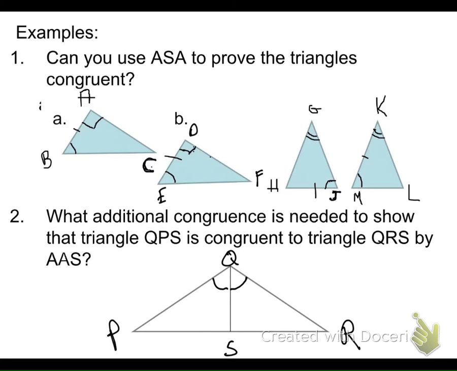Okay, so our first one asks, can you use angle side angle to prove that the triangles are congruent? So we look at the first one and we see that angle A is congruent to which angle? Angle D, yep. And then angle B is congruent to which angle?